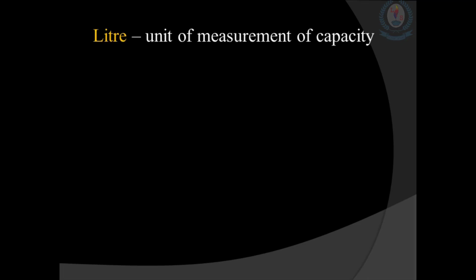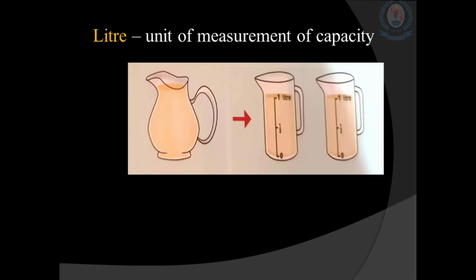You have already learned the use of liter as a unit of measurement of capacity and using measuring jugs to measure capacities. Liter is a unit of measurement of capacity. Let's find the capacity of the jug shown. It can be filled from 2 1-liter measuring jugs.